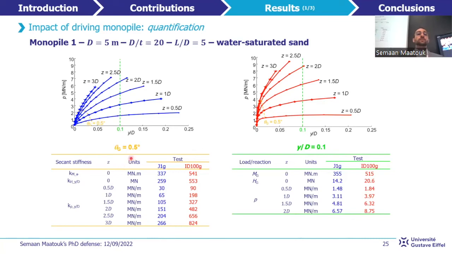I present the secant stiffness for theta g equal to 0.5 degree in the table on the left, and in the table on the right, the lateral resistance at Y equals 0.1 D for both tests. The results show that the impact driving installation improved the secant stiffness about 3 times compared to the wished-in-place installation. And for high displacement amplitude, the lateral resistance is just increased by about 1.3 times.